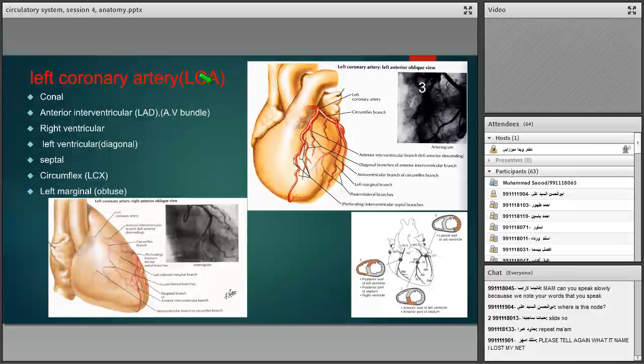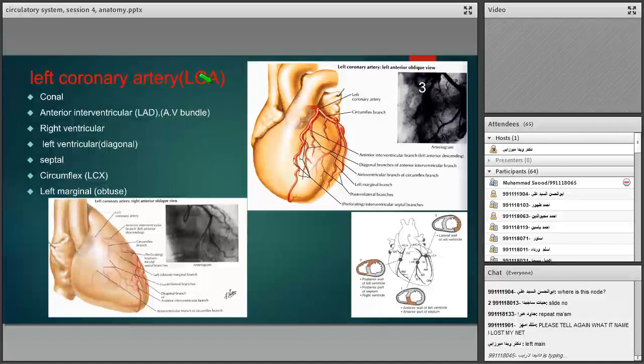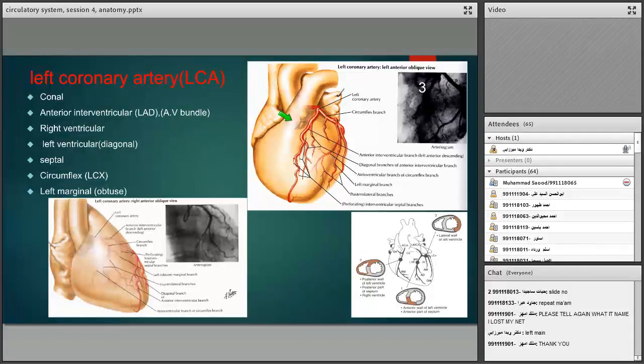The beginning part of the left coronary artery is called left main. It's near 1.5 to 2 centimeters and it's placed behind the pulmonary trunk. After that, the left coronary artery will divide into 2 main branches.